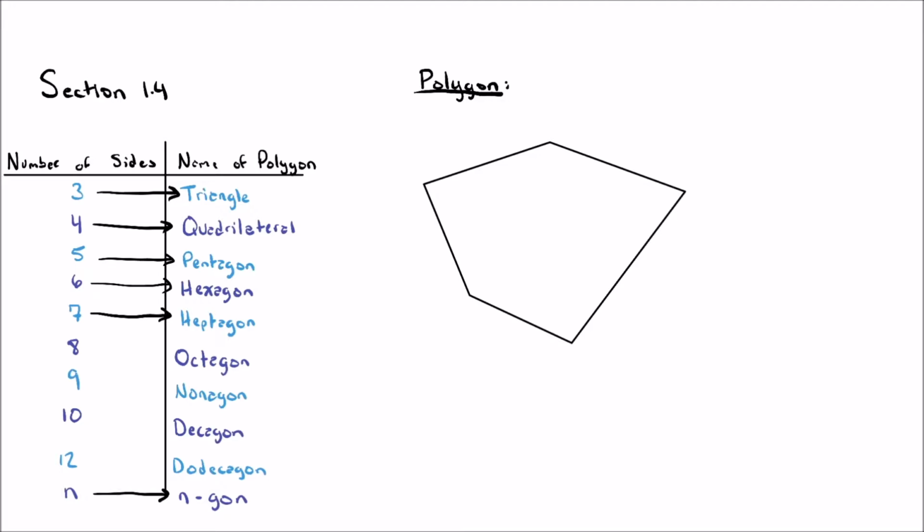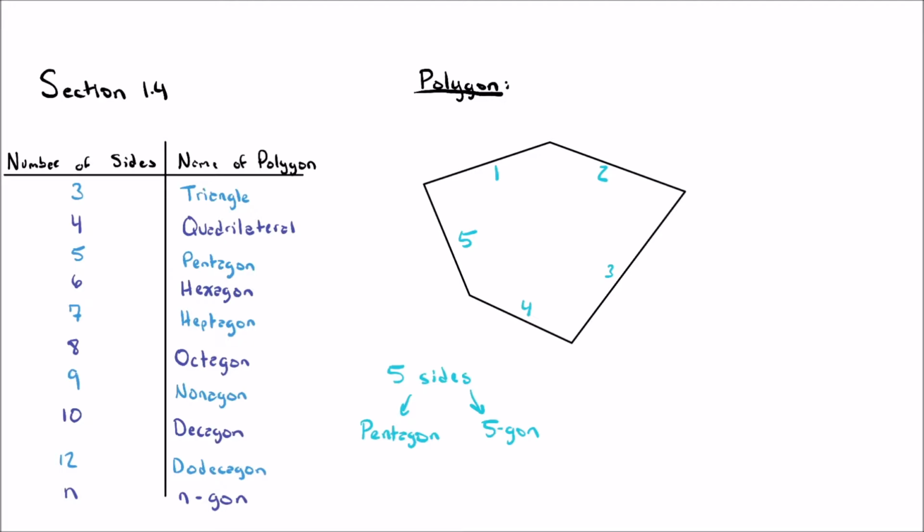So this polygon right here has 1, 2, 3, 4, 5 sides. So a 5-sided figure can be called a pentagon, which is its formal name, or you can call it a fivegon, which is its informal name.